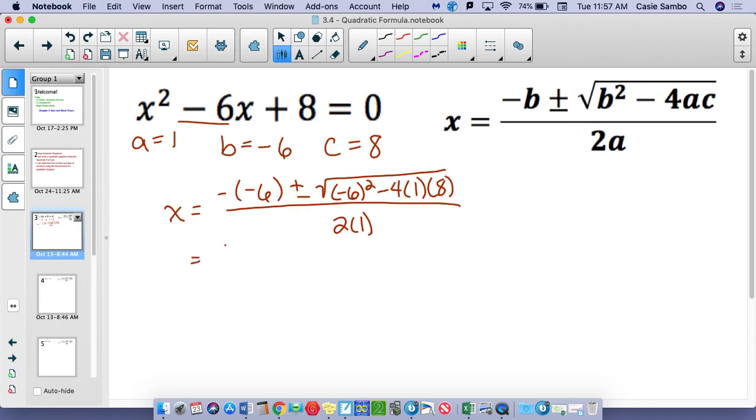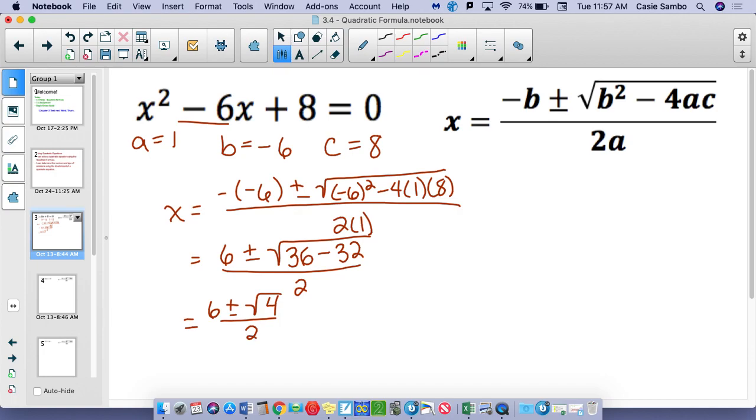So negative 6 becomes positive 6, plus or minus the square root of negative 6 squared, which is 36, minus 4 times 1 is 4, times 8 is 32, all over 2. That equals 6 plus or minus the square root of 4 over 2, which equals 6 plus or minus 2 over 2.